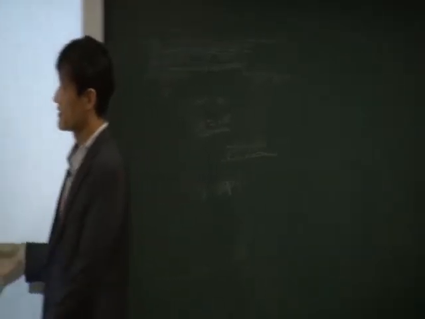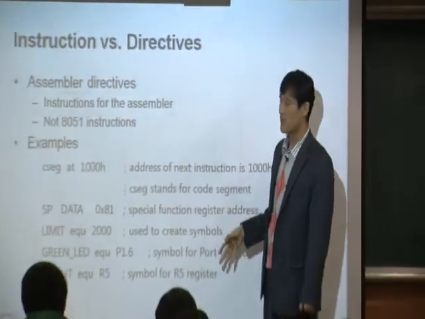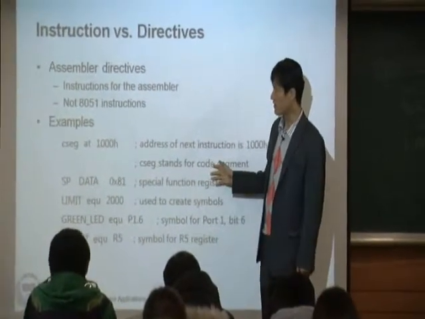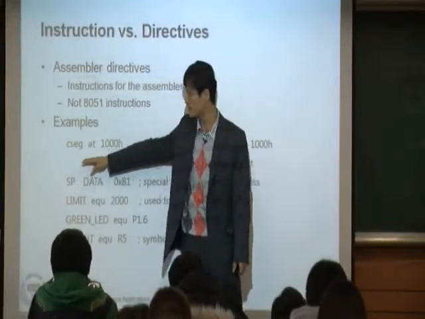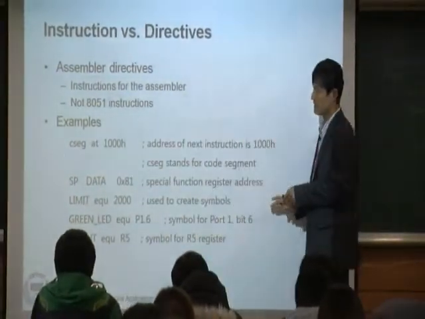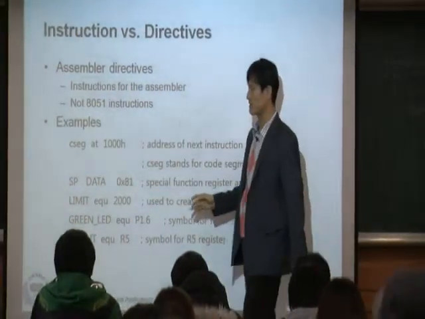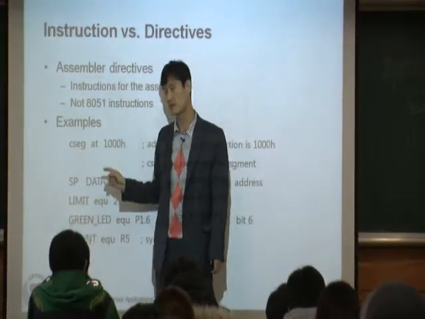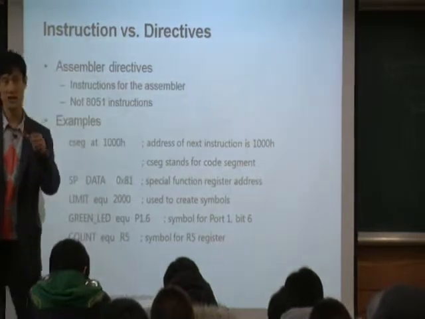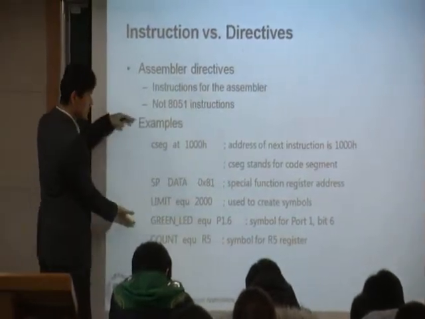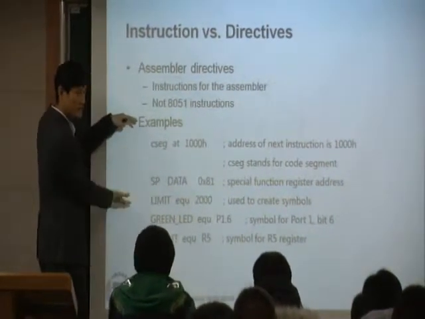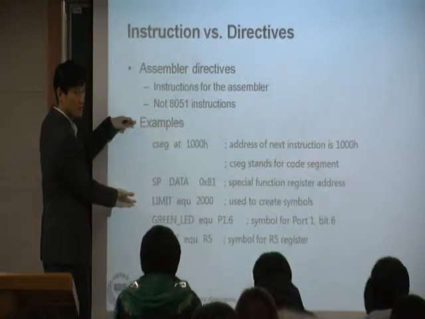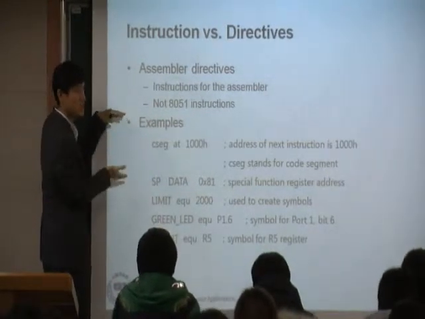Same here in assembly. We have directives in assembly language. For example, like this. Here are examples. CSEG, what is CSEG? Code segment. Which means that these are the memory segments or address segments for your code. So your code will be in this segment.